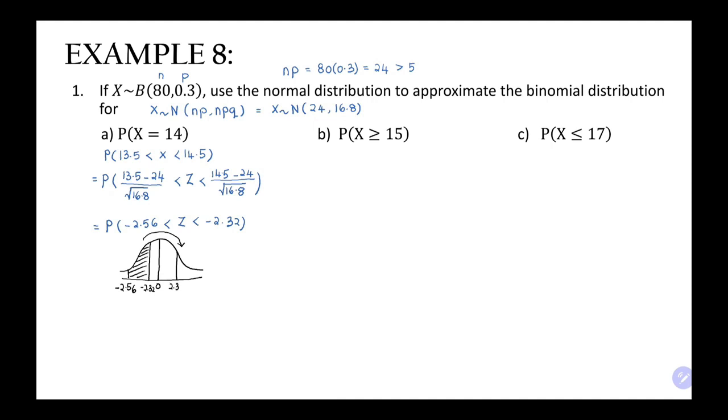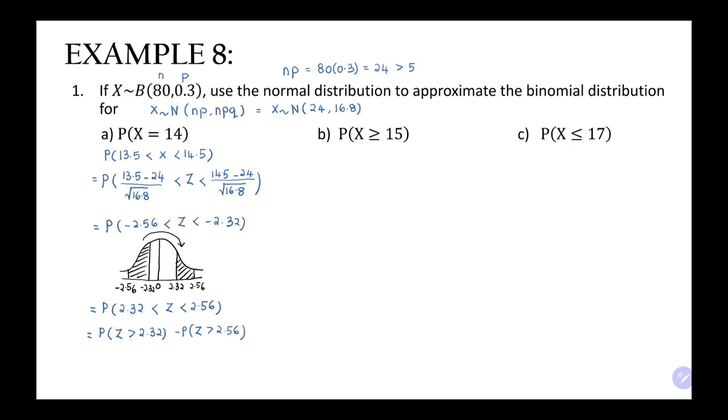So 2.32 and 2.56. We change to positive, then we get P(2.32 and 2.56). Okay, to find the area, we take P(Z greater than 2.32), we minus with P(Z greater than 2.56).